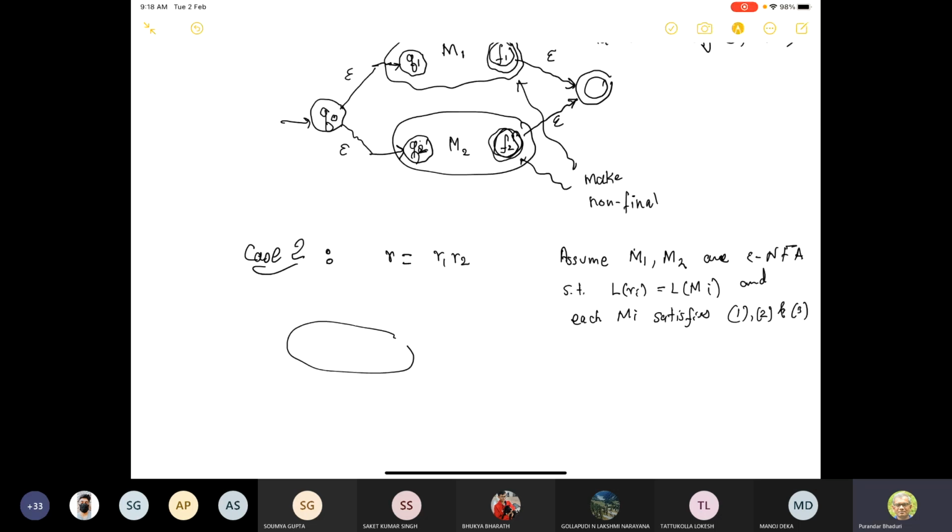So here's M1. This is M1. And this is M2.